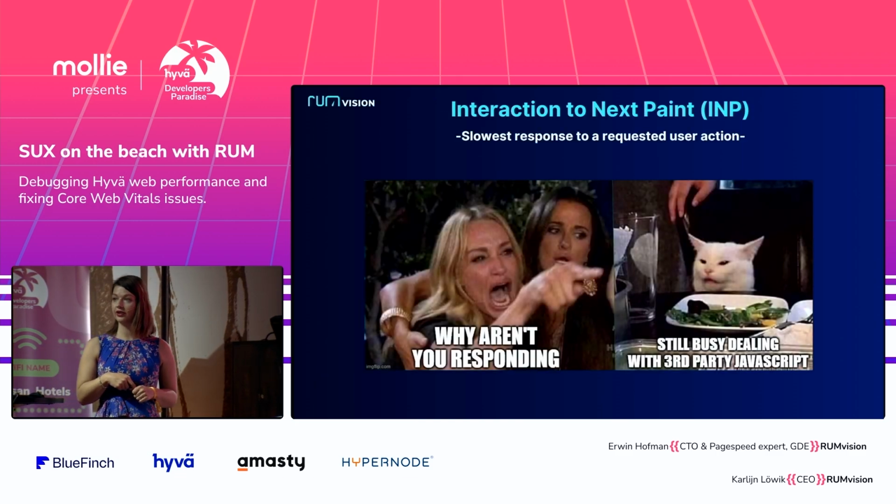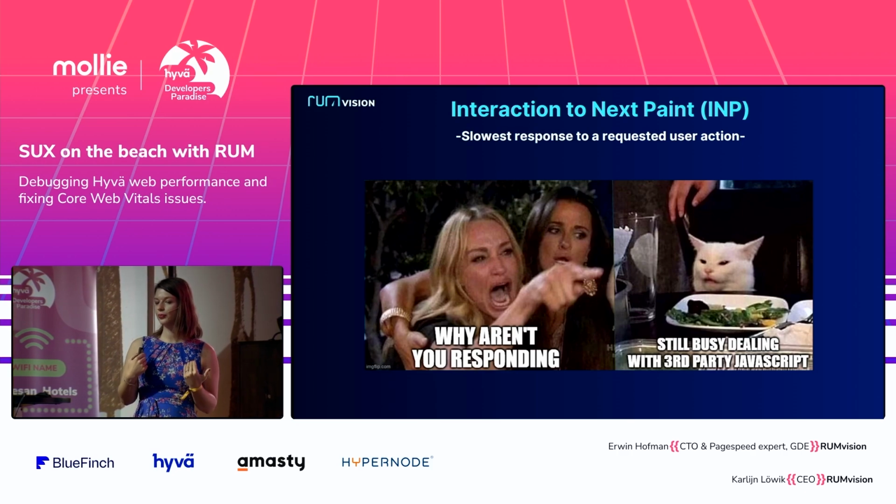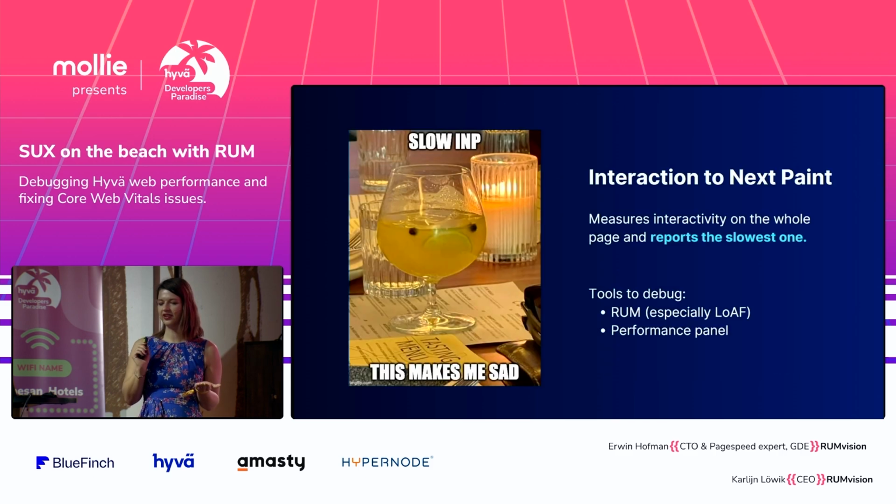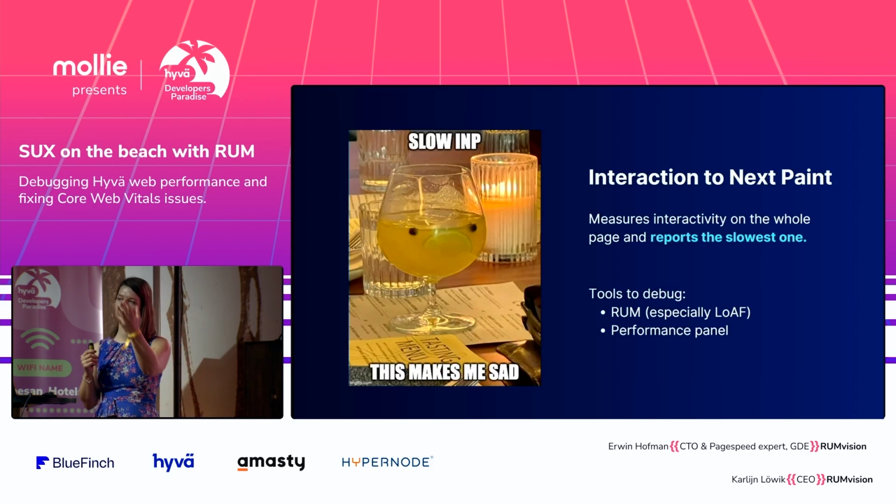So the last one, the newest one, INP: the slowest response to a user requested action. What does it do? Well, it measures interactivity on the whole site.